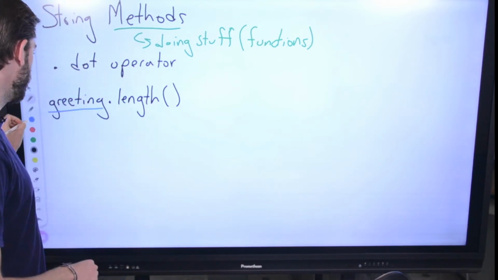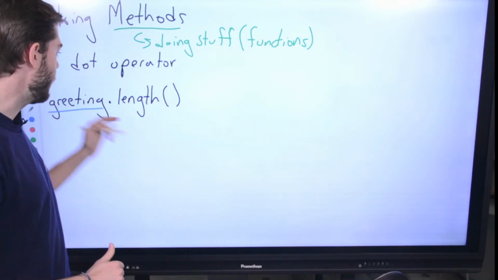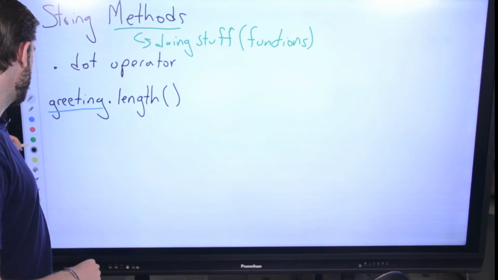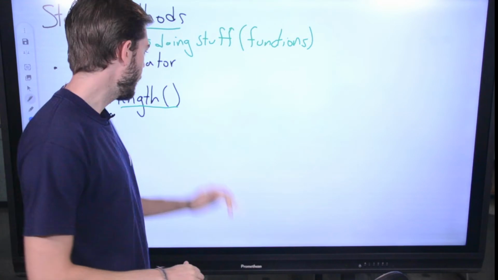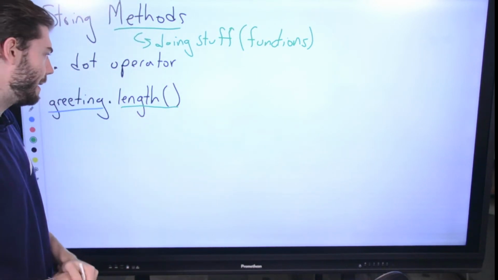So this returns an integer, the length of the string. And in this case, it would return 5. So dot length is our method, and this is how we're going to write it: lowercase length with 2 parentheses.